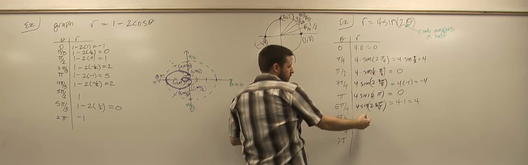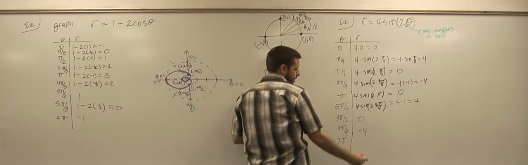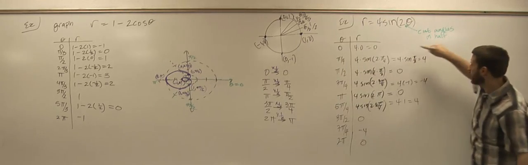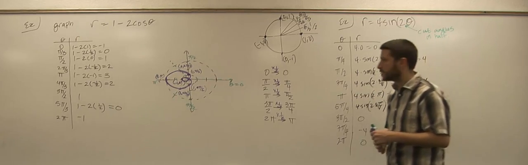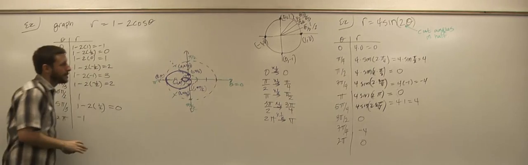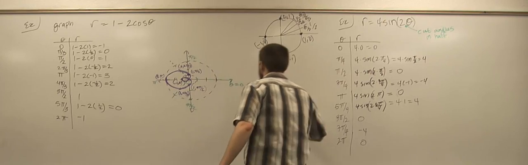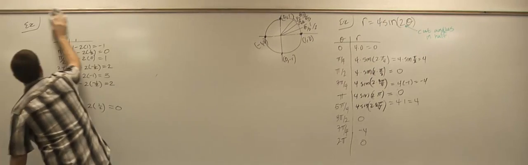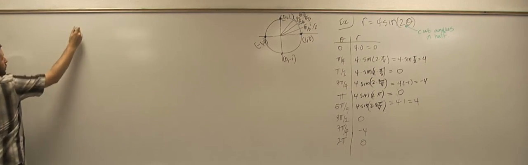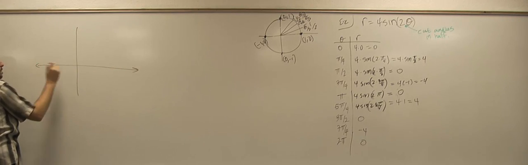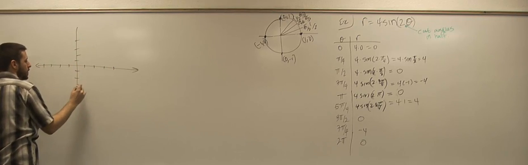So what's the next one going to be? 0, and then -4. 0, 4, 0, -4, and so on, repeating.